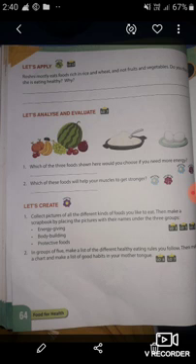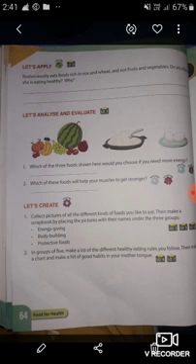So the example of bodybuilding food is egg. So to make our muscles strong, we have to eat bodybuilding food, that is eggs. So you have to write eggs in the given blank.